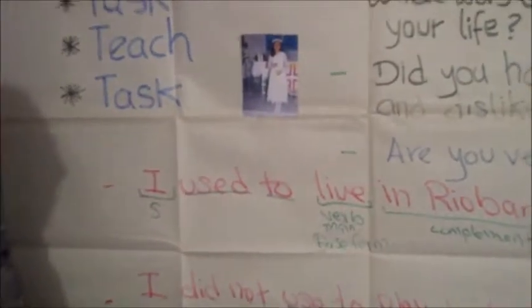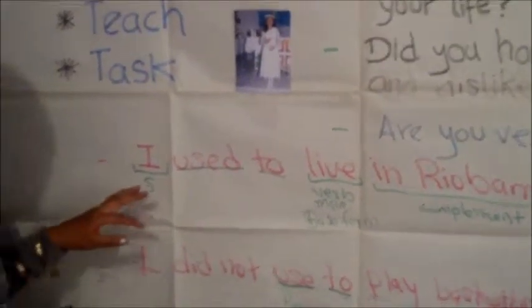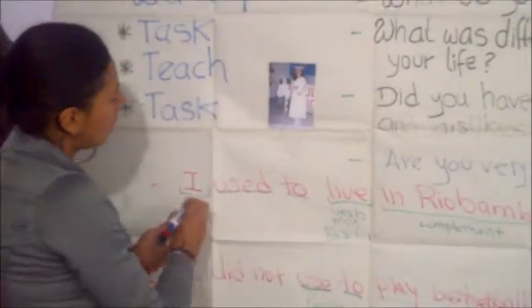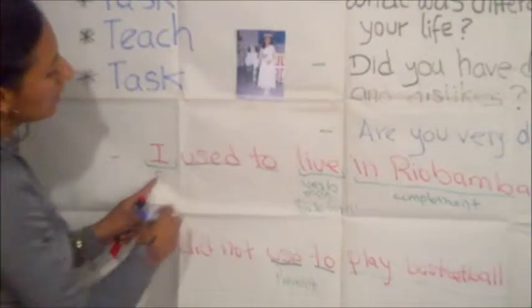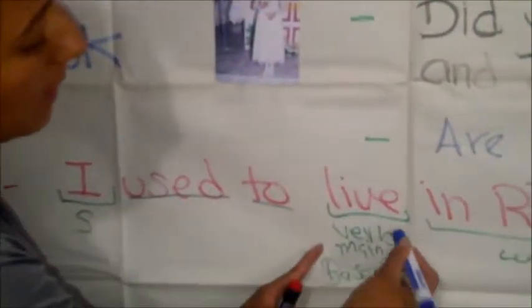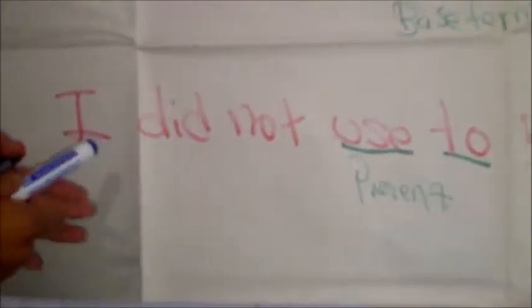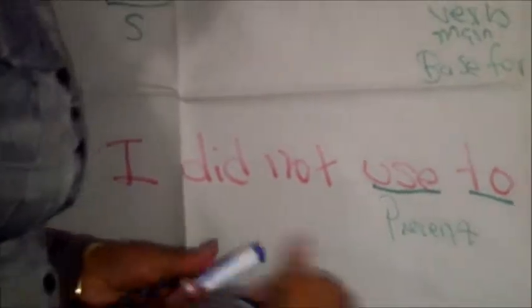And in order to explain the structure, you can write on the board, for example, I is the subject, used to, live is the verb in the base form, and in Riobamba is the complement.